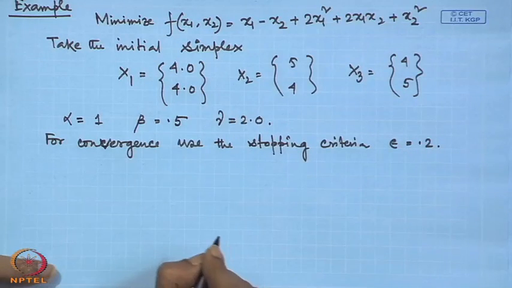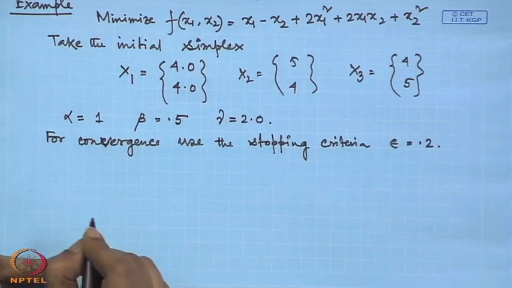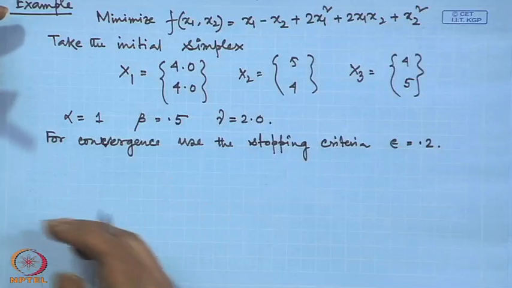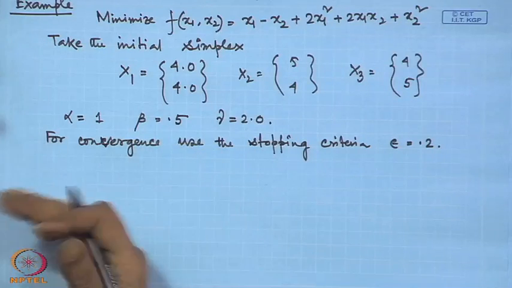One thing should be mentioned: since this is a process of iteration, we are doing reflection, expansion and contraction in a sequential manner. Whenever required, whichever operation is required, we have to implement that one, but we have to stop somewhere.